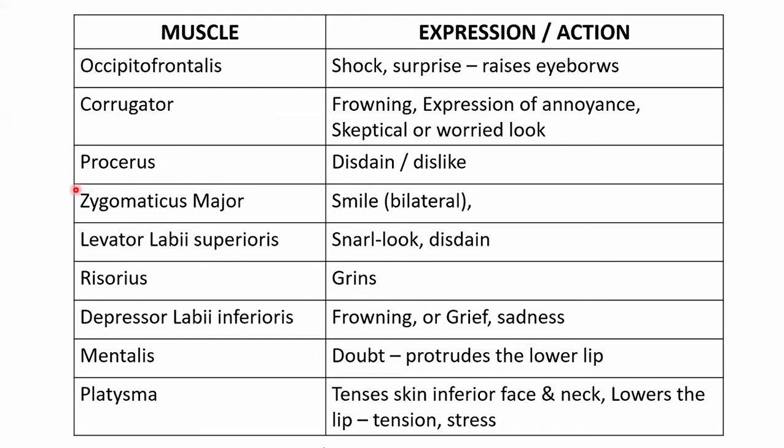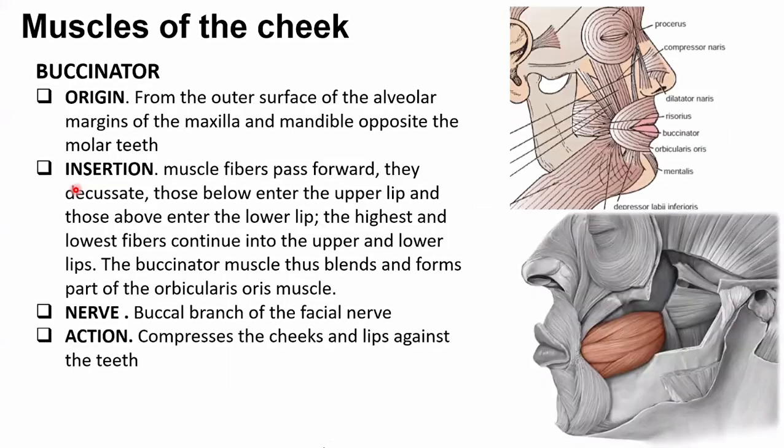Now we have also muscles of the cheek, and that's the buccinator. And the buccinator muscle fibers pass forward, forming a muscle that actually restricts bulging of the cheek.